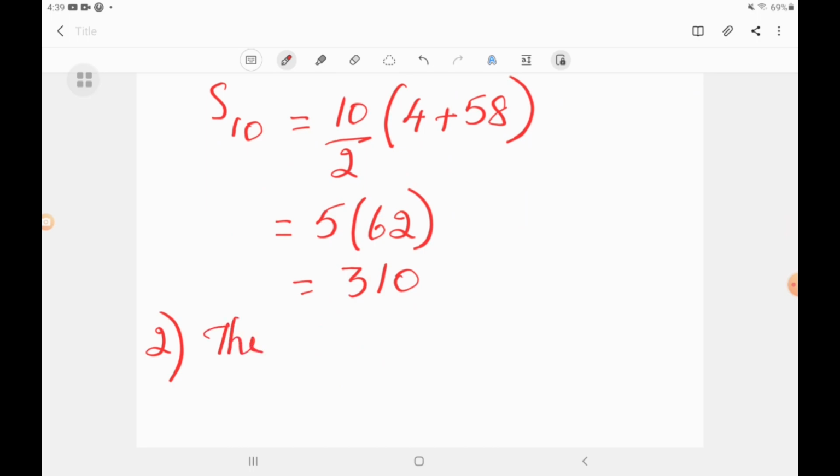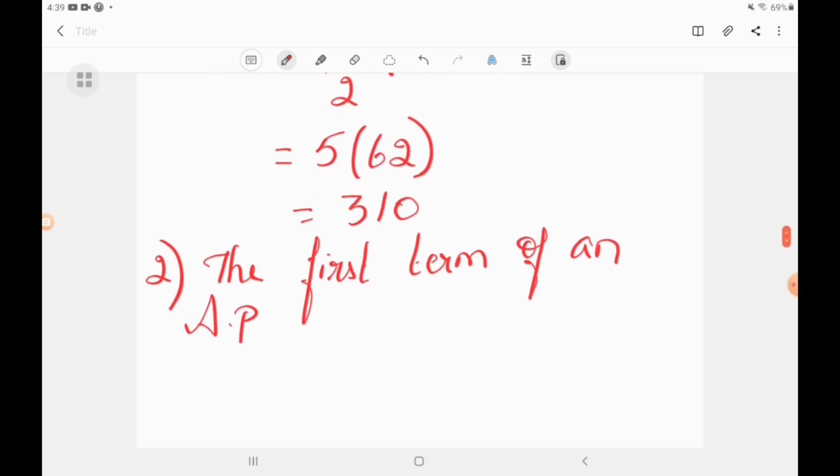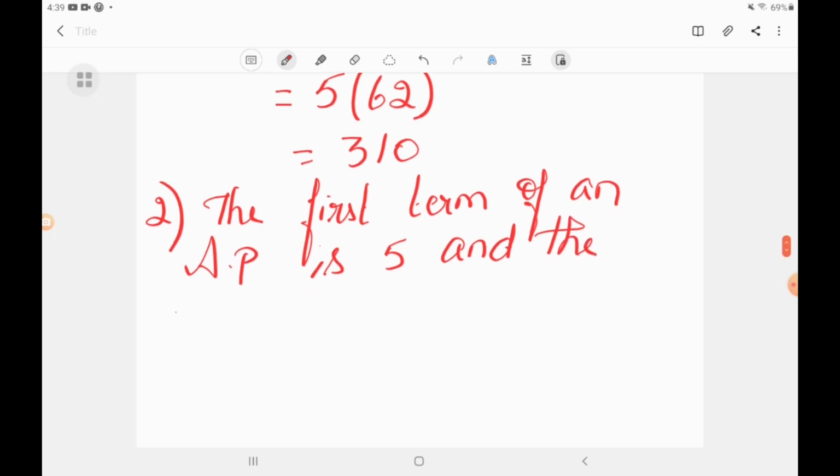The second example: the first term of an AP. I'll just write it in short form. An arithmetic sequence can also be called an arithmetic progression, so I'll write it as AP, which is equal to 5. So the first term is 5 and the seventh term is 29.